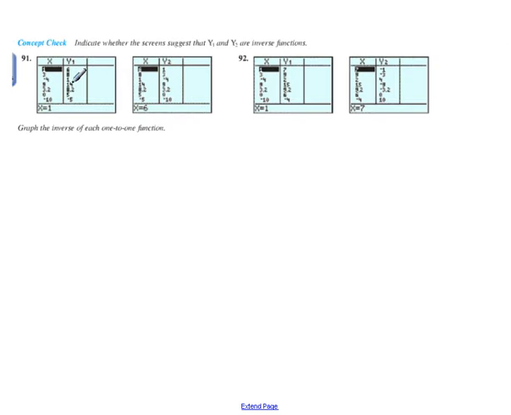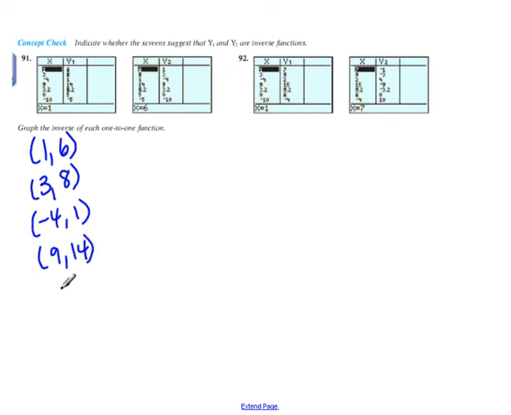Now, indicate whether these screens suggest that y1 and y2 are inverses. So I just wanted to look at this for a minute. Notice on the 91, x and y1, if x has an input value of 1, the output is 6, and then 3, 8, negative 4, 1, and so on. So we see these ordered pairs are on the graph of y1, and so on.